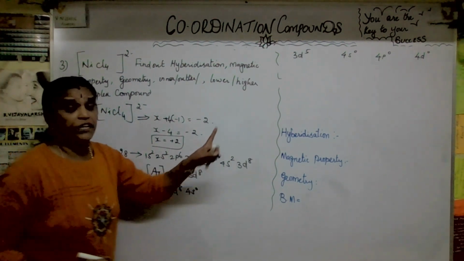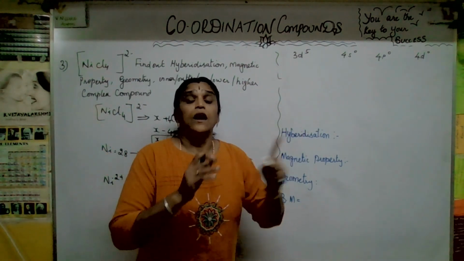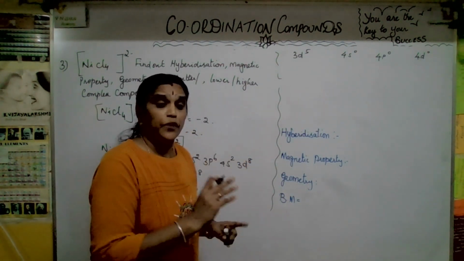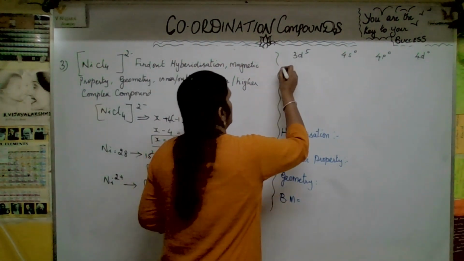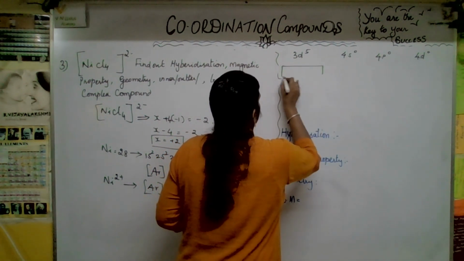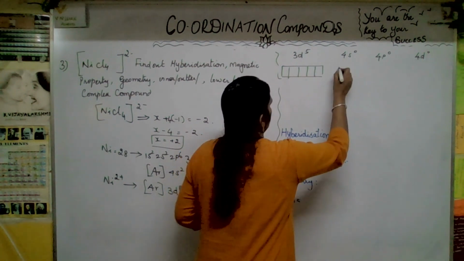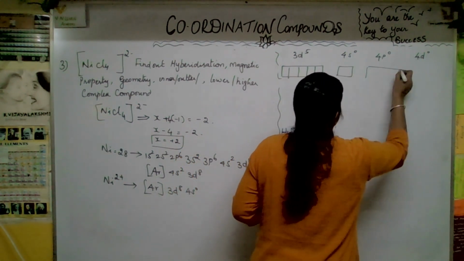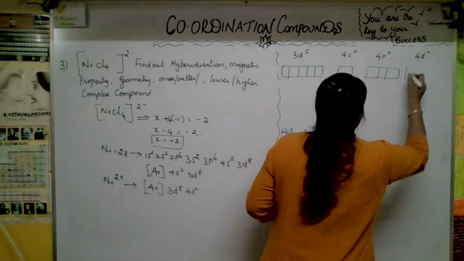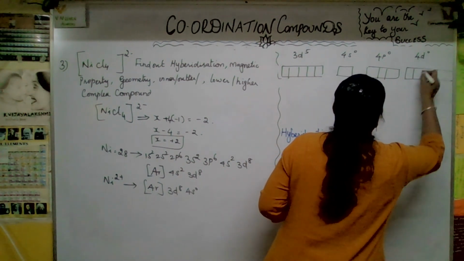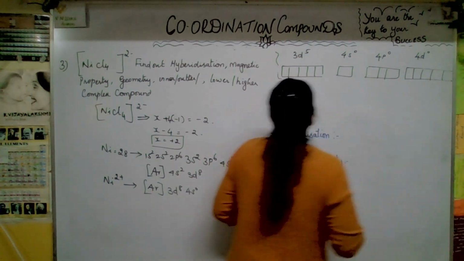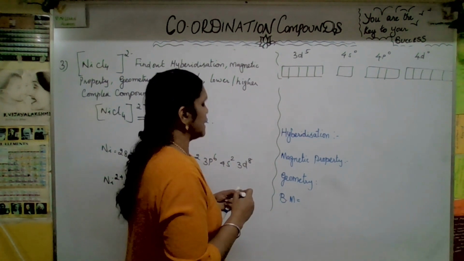Now finished this one. Next step, what is it? We have to prepare empty orbitals to fill the ligands, right? For that, the same idea we have to follow. Empty orbitals 1, 2, 3, 4, 5, and this is 1, this is 3 and this is 5. Now the next one.